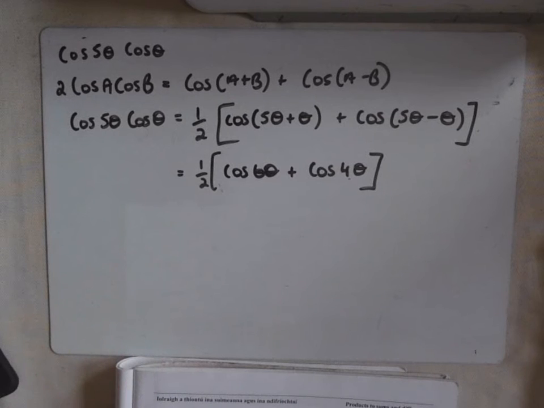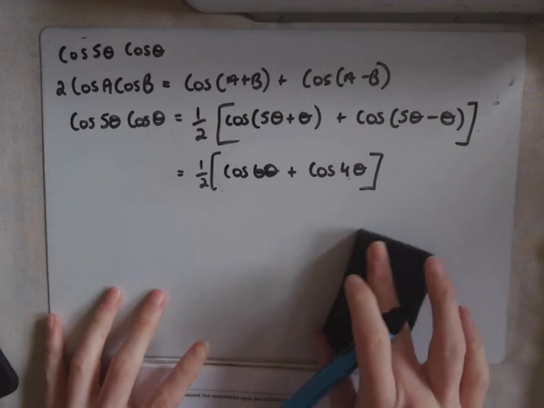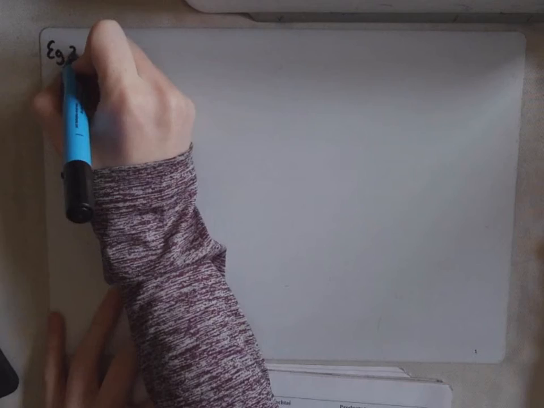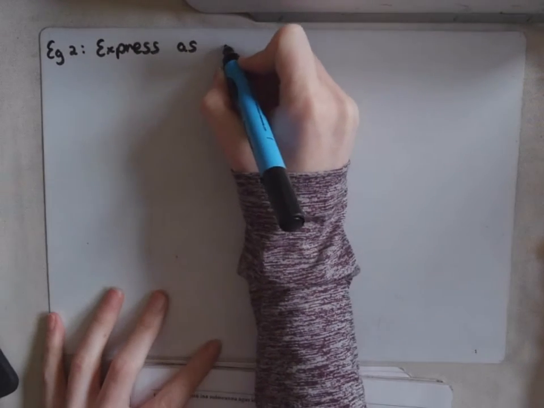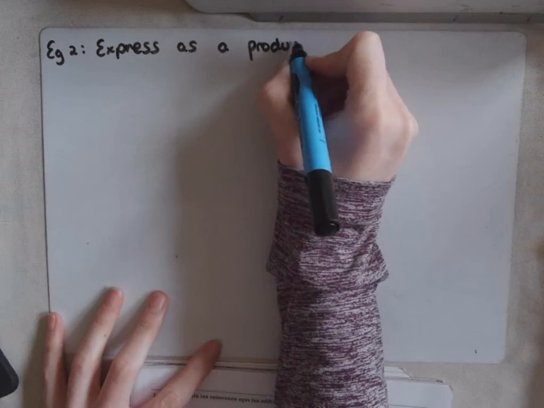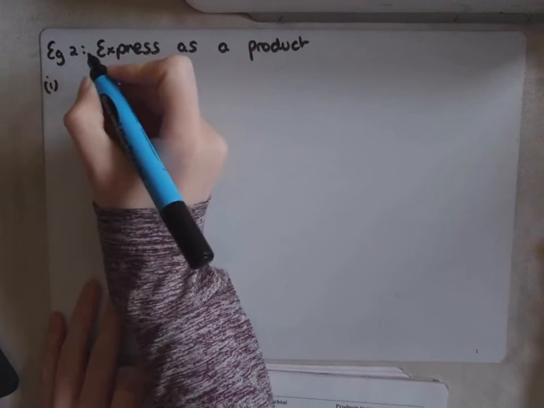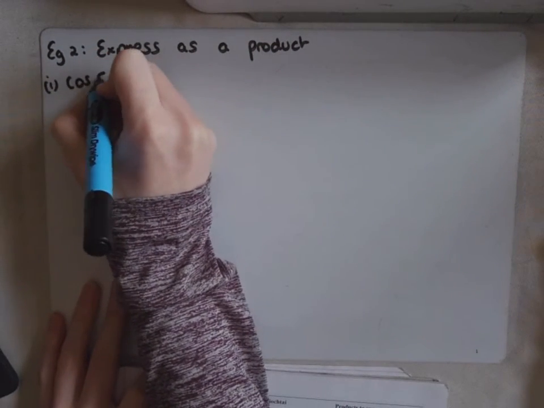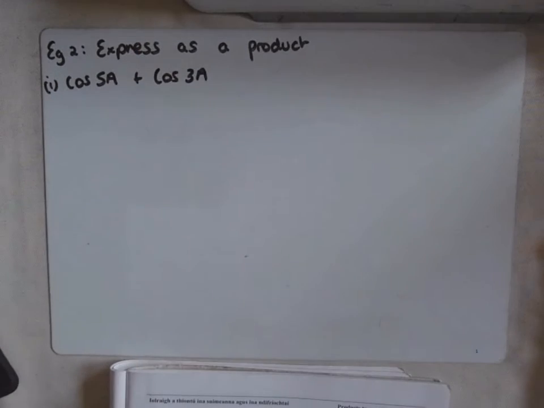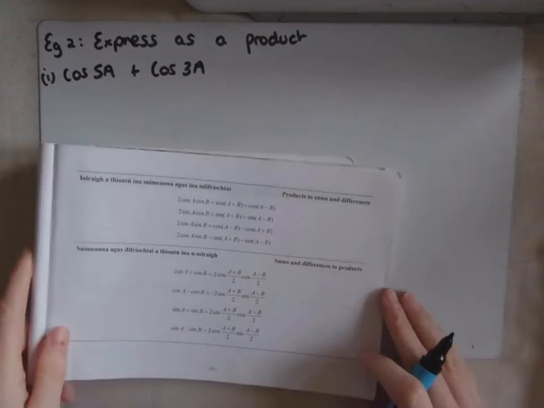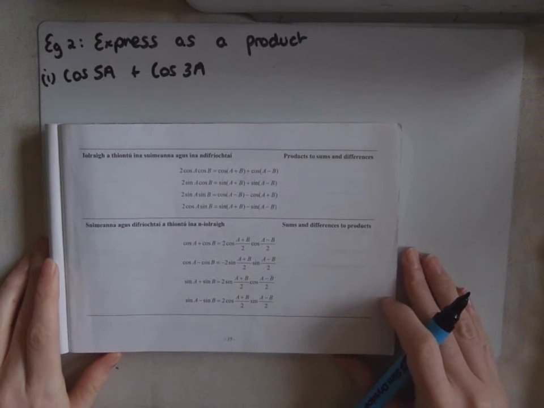Now, example 2. We're going to go the other way, express as a product. Cos of 5a plus cos of 3a.